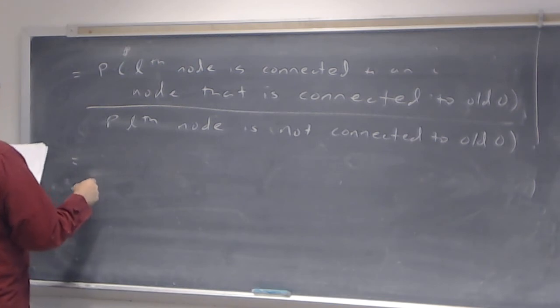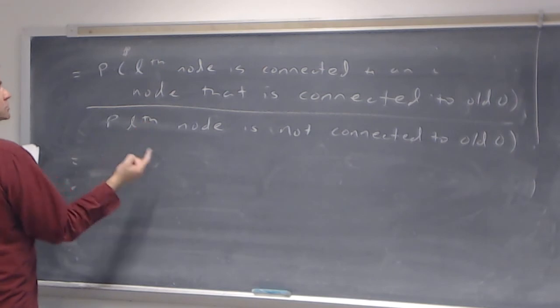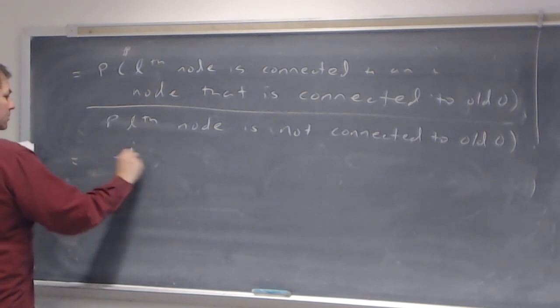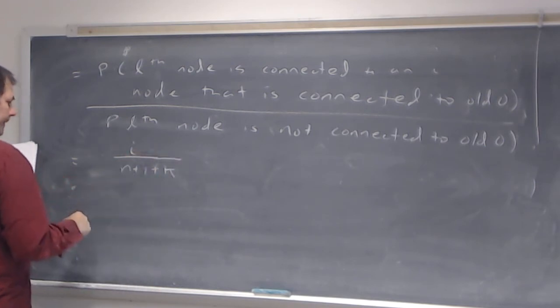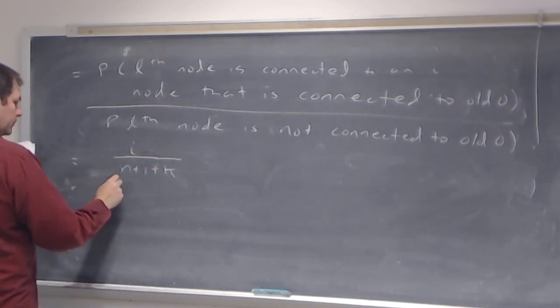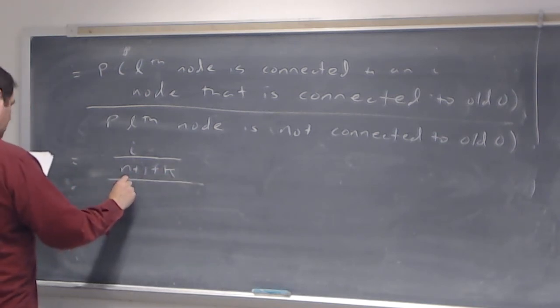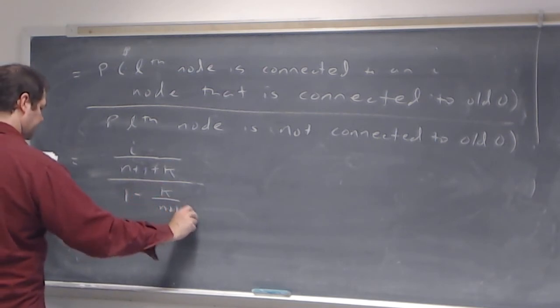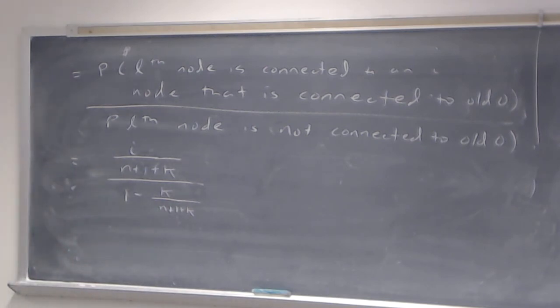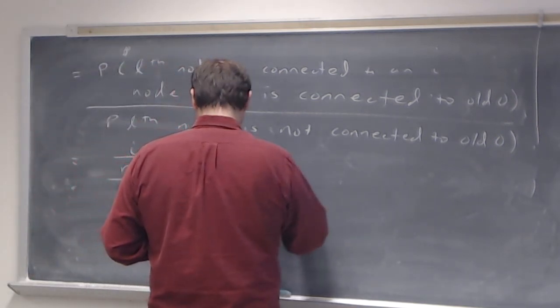You understand what I mean? So this is equal to, there were i nodes connected to the 0, so there's i ways that this can happen, i over n plus 1 plus k, over 1 minus k over n plus 1 plus k, based on the y sub j's for this situation.